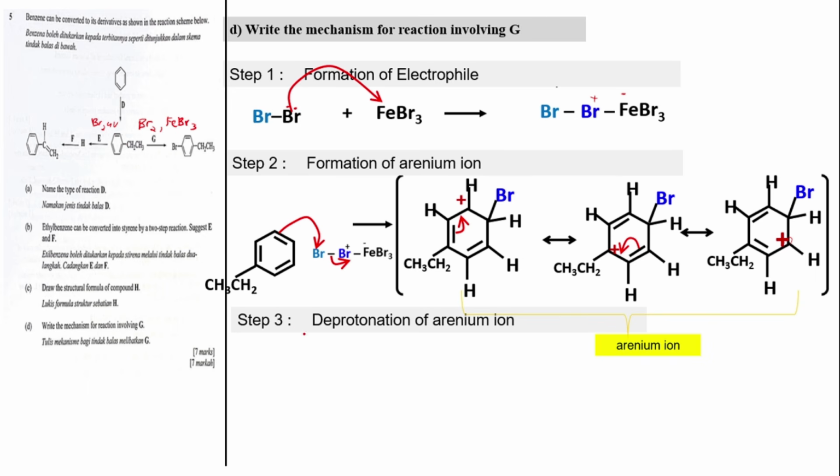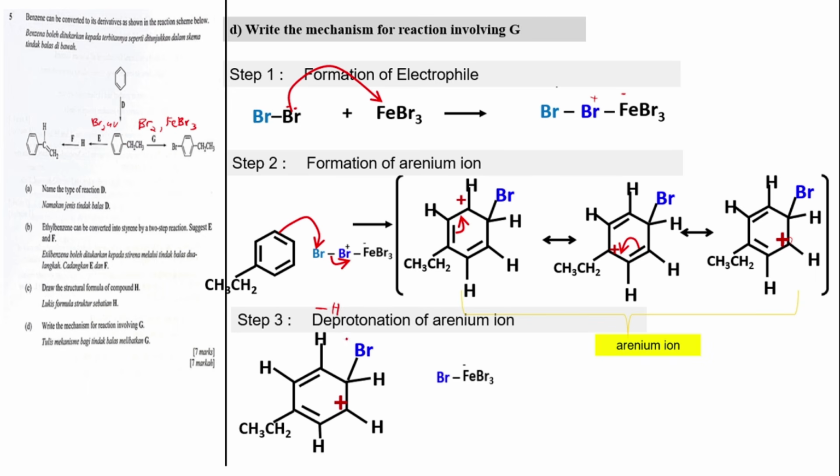But in step number 3, we're going to deprotonate that. Deprotonate means we're going to remove the hydrogen. We can choose any of our arenium ions. Let's say I'm using the arenium ion at this last part here. So I'm going to copy it back in here and remove the hydrogen. Which hydrogen?